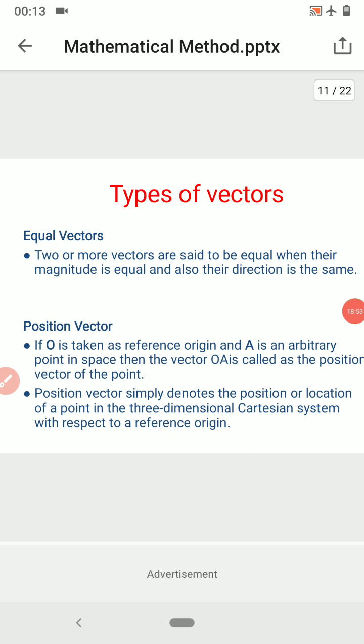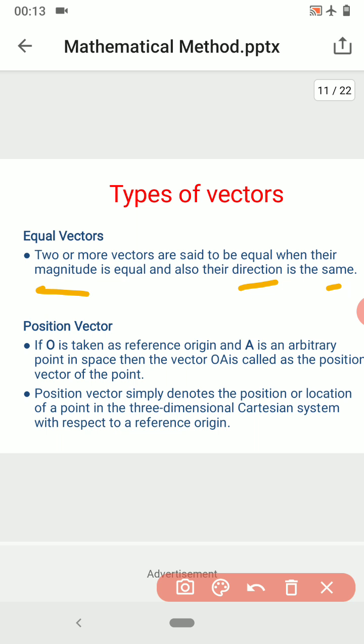Then equal vectors. Two or more vectors are said to be equal when their magnitudes and direction are both the same. So this word is necessary: the magnitude and direction are the same. Then you can say that the vectors are equal.